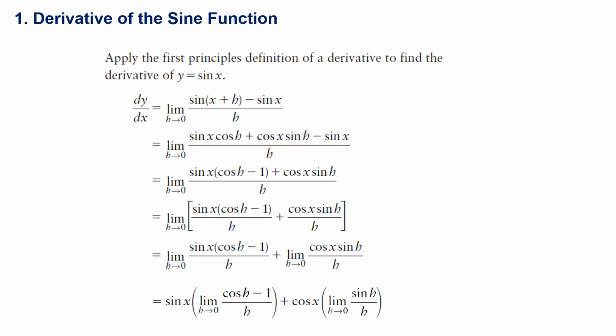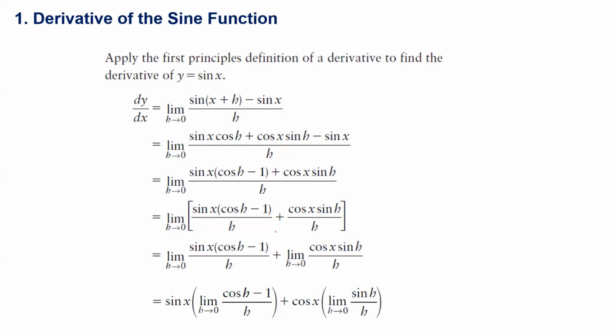Then the second term is cosine x sine h, right? Then this can be rewritten as the limit as h approaches 0 of the sum of two expressions. The first expression is sine x times (cosine h minus 1) over h, and the second expression is cosine x times sine h over h, right?